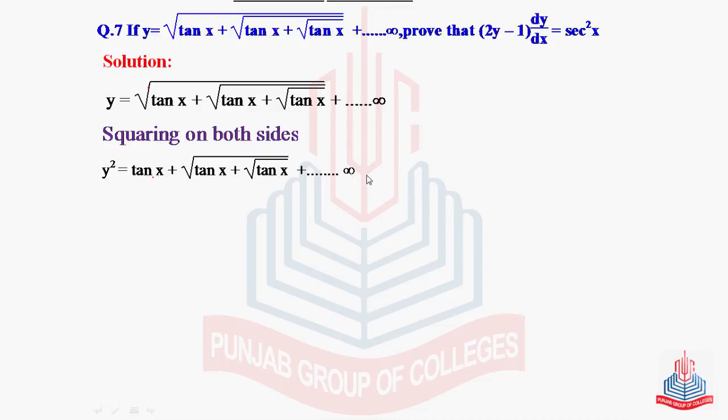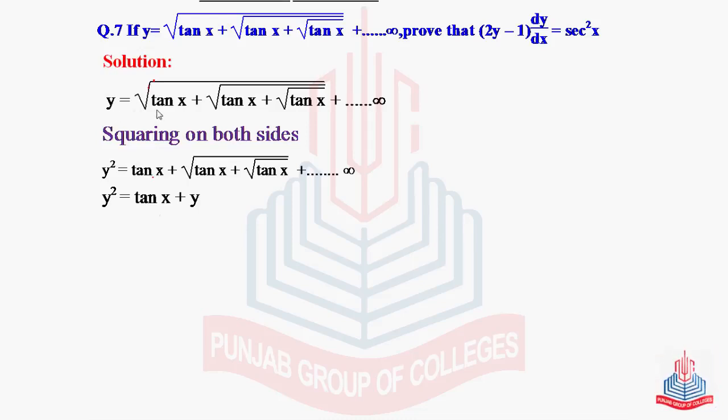So you can see, squaring both sides, y² will be as it is, and on the right-hand side, tan x plus this expression, which is actually y, as given in our question.